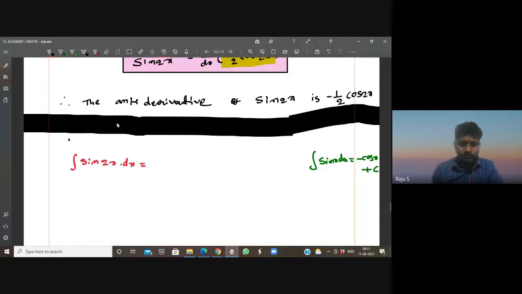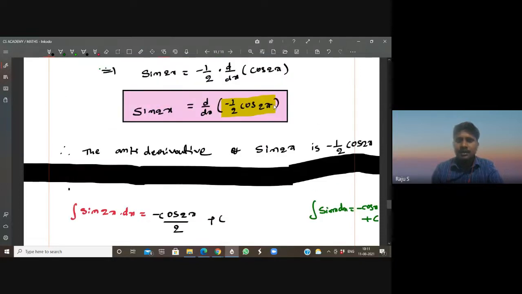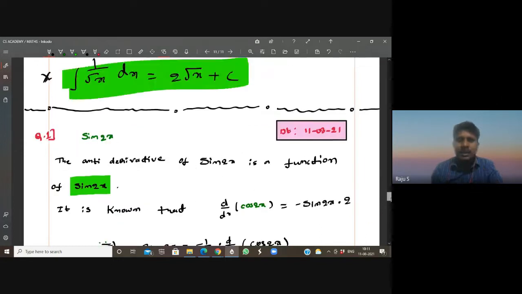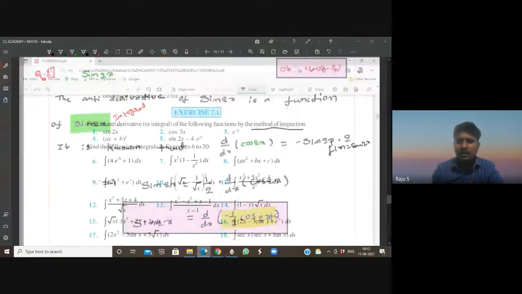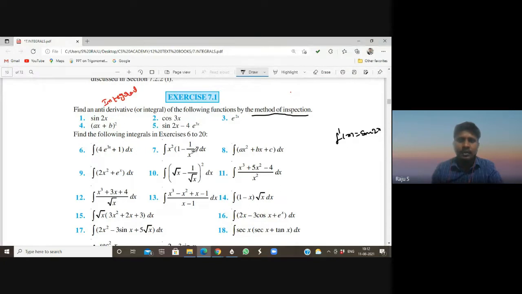Here, minus cos 2x by 2 plus c. In differentiation we multiply by 2, in integration we divide by 2, plus c. Got it? Same answer or not? I didn't write plus c alone, but you can write plus c also, no problem. This is nothing but minus 1 by 2 cos 2x. Yes, in both cases the answer will be the same, but since they ask for the method of inspection, you have to write the approach like this.